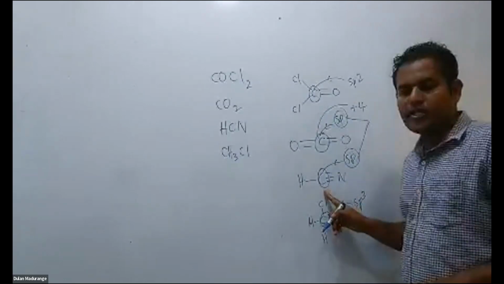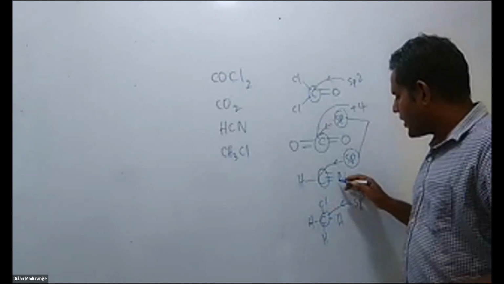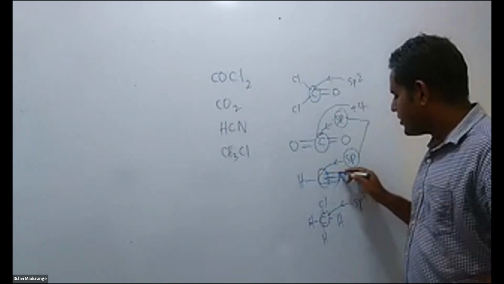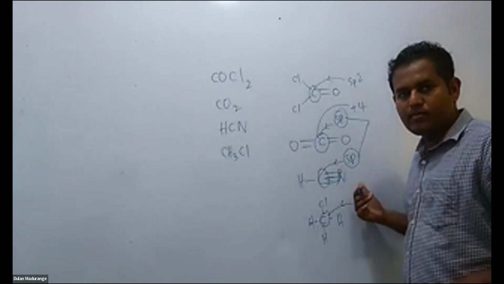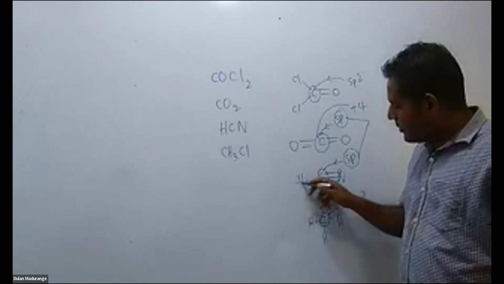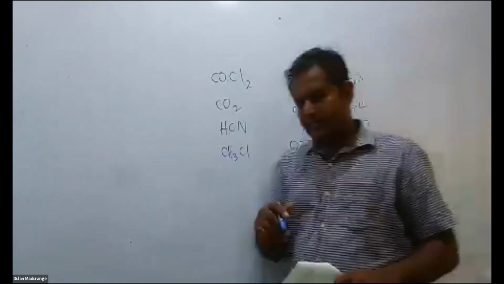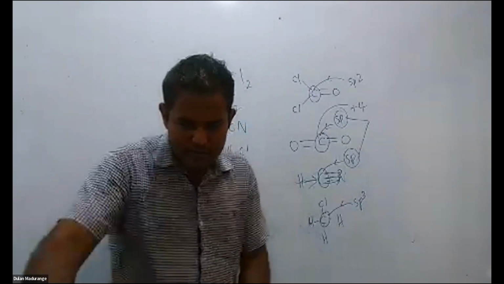Here, what is the oxidation number? Actually, carbon to nitrogen, carbon is releasing 3 electrons. Right? Carbon is giving out 3 electrons towards nitrogen, because nitrogen is more electronegative. Then carbon is gaining 1 electron. What is the oxidation number here? Any answers?